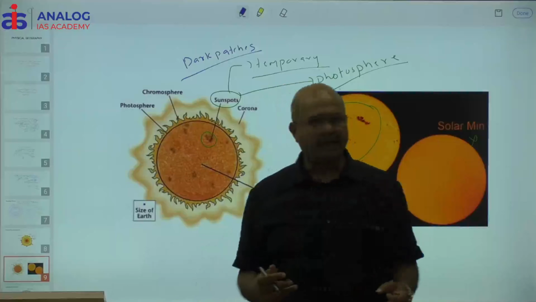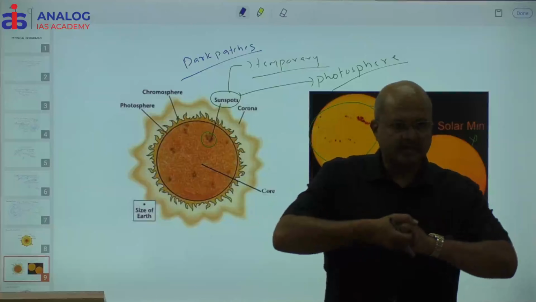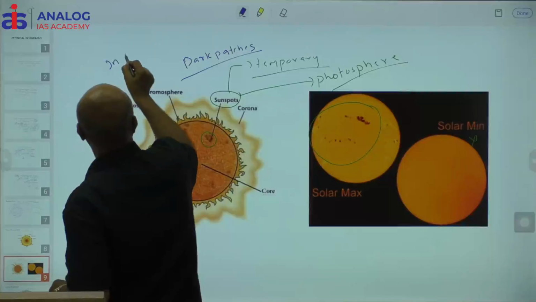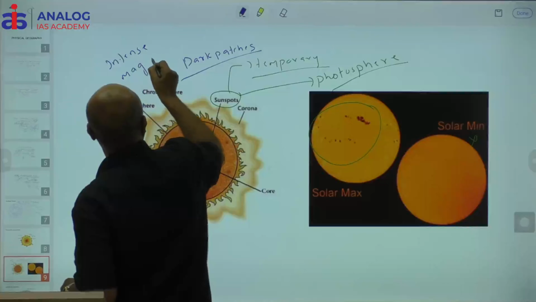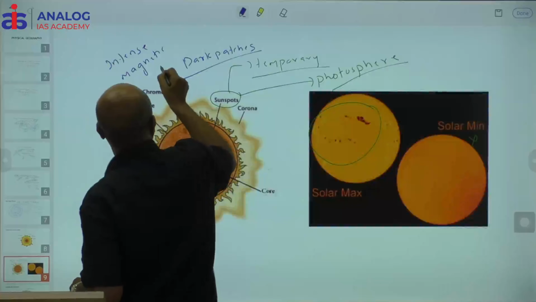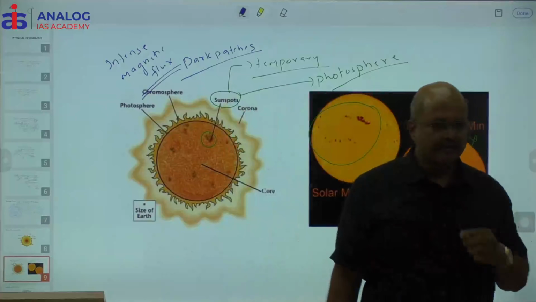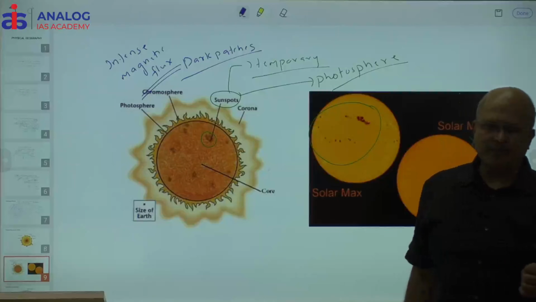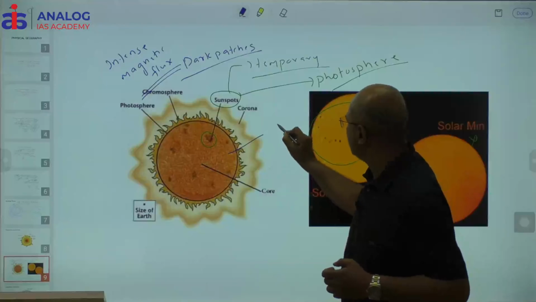Sunspots are magnetic flux, meaning magnetic pressure which consolidates. So sunspots are intense magnetic flux.